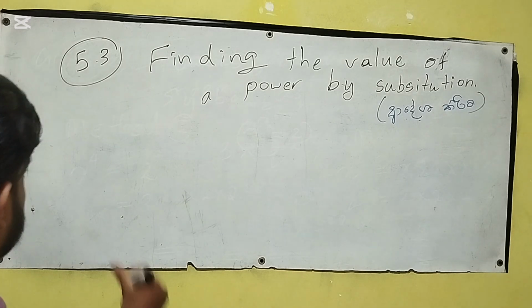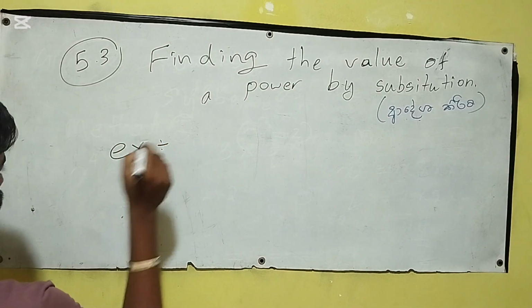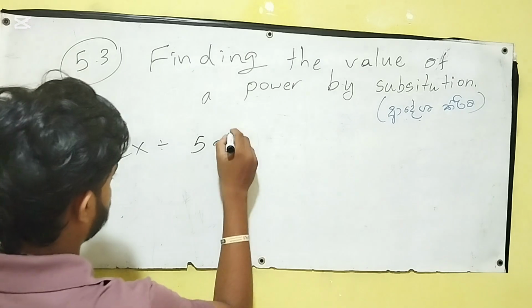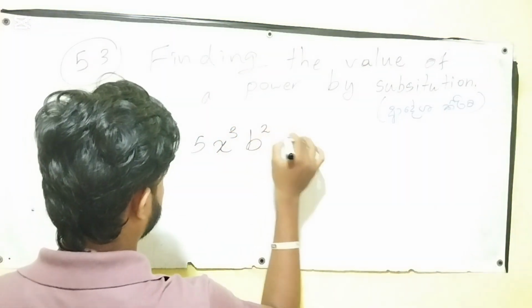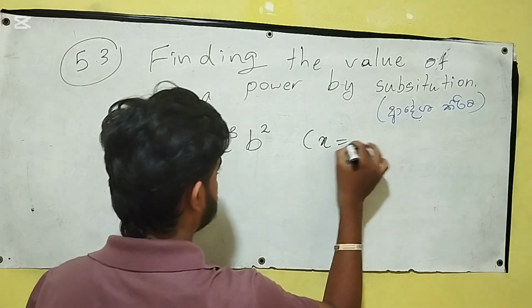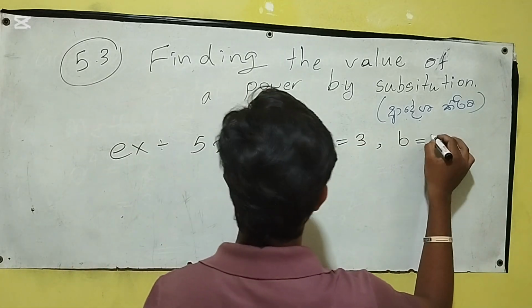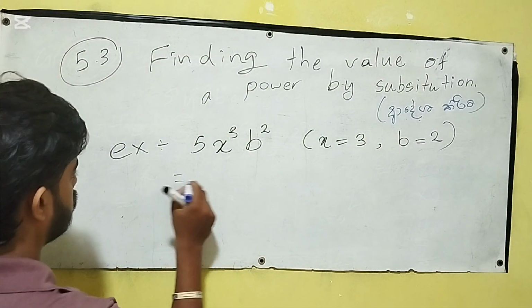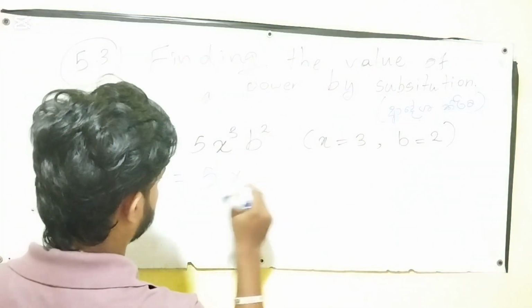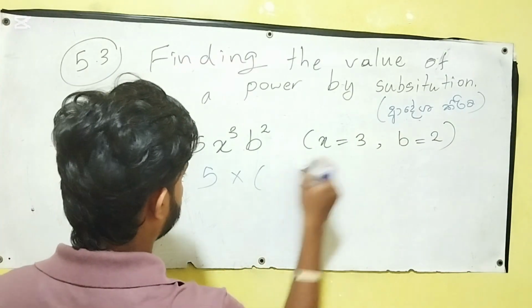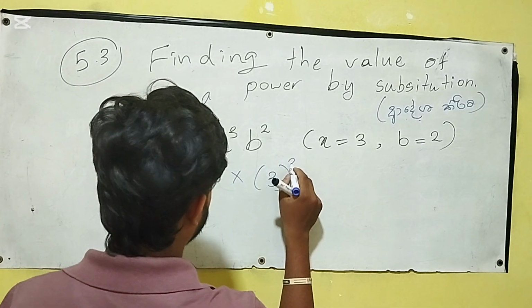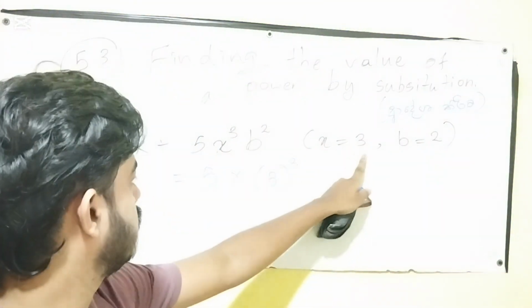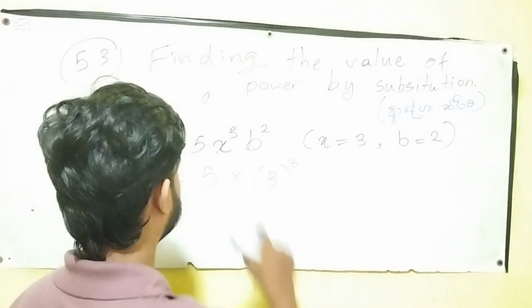Okay, think this is the final example. Think 5 x to the power 3 b to the power 2, and x is equal to 3, b is equal to 2. Then how to find out the value? 5 multiplied by 3 to the power 3. x is equal to 3.